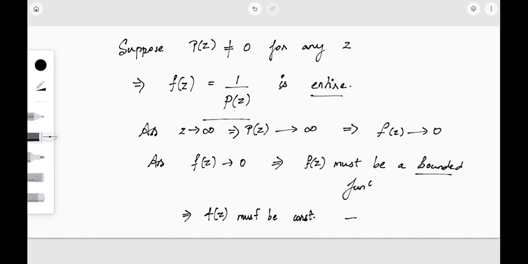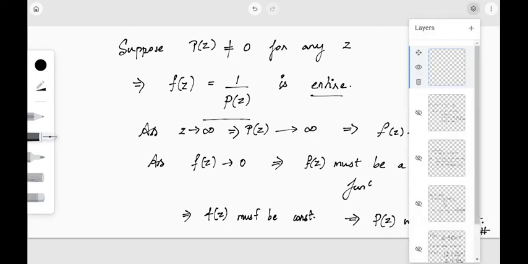So if this is a constant, p of z must be a constant, right? If f of z is a constant, then p of z also must be a constant, otherwise we cannot get a constant function. Now this is a contradiction to our assumption that p of z was a non-constant polynomial, right? In the theorem we had p of z as a non-constant polynomial. So if we suppose that p of z is not equal to 0 for any z, I get to the conclusion that p of z must be a constant. So this is a contradiction.